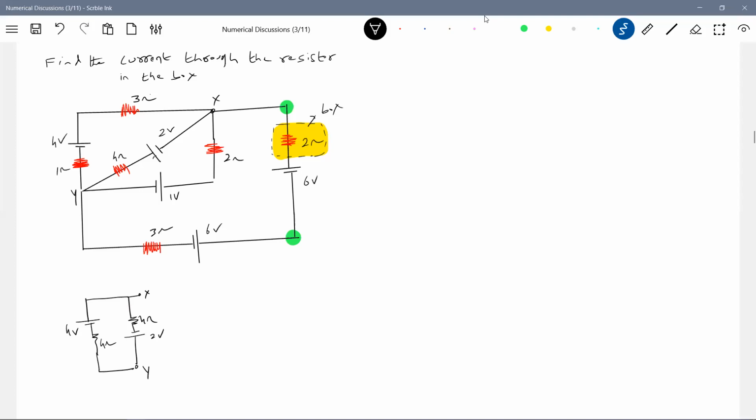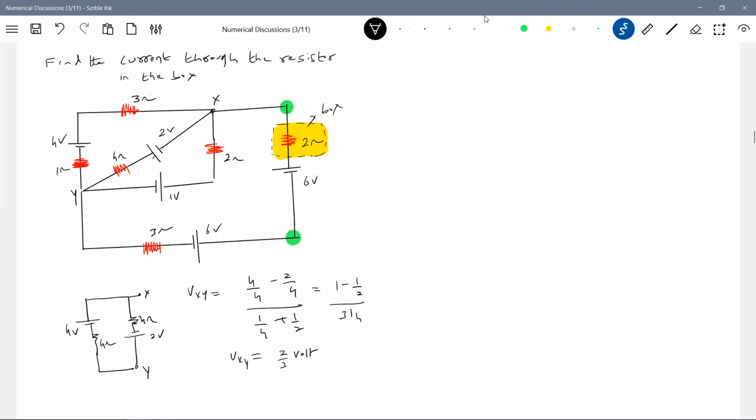So what is VXY? The equivalent formula: (4/4 minus 2/4) divided by (1/4 plus 1/2). So this will be 1 minus 1/2, which is 1/2 over 3/4, so 2/3 volt.